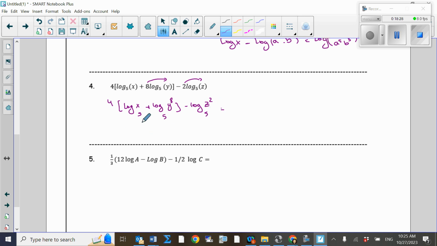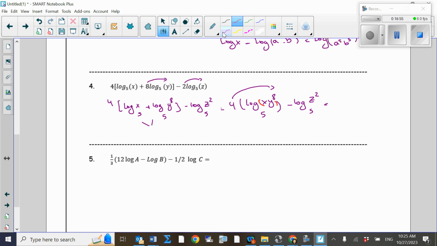Now the two logs here can be condensed into one log using the product rule. So that's going to be log of x y to the 8 base 5 minus log of z squared base 5. Now I can move the 4 to the power of this whole argument.